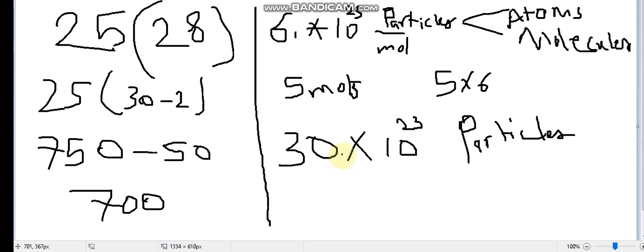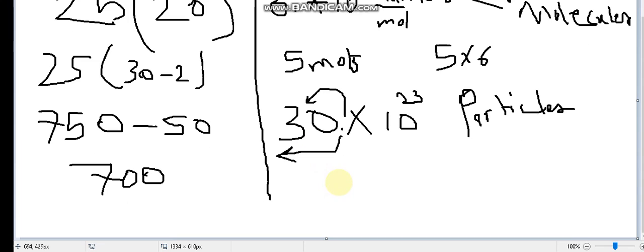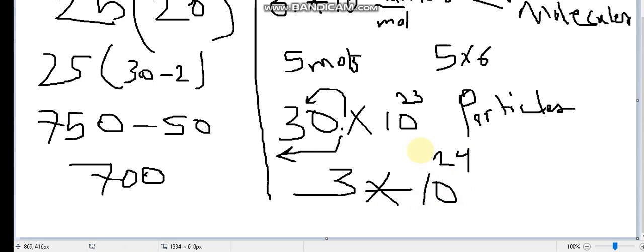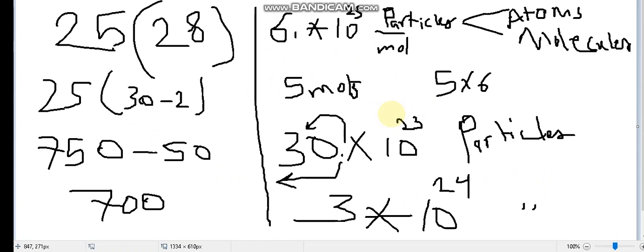Now the decimal, I want to move it one place to the left, so the answer would be 3 by 10 to the power 24 particles. So in this example, you have used both rounding up, because this is 6.02 something that you don't need, and once you make the multiplication, it will be easier for you to use direct rounding up.